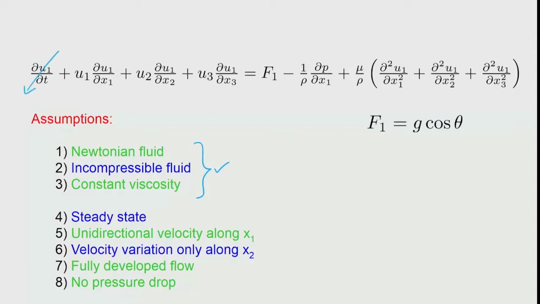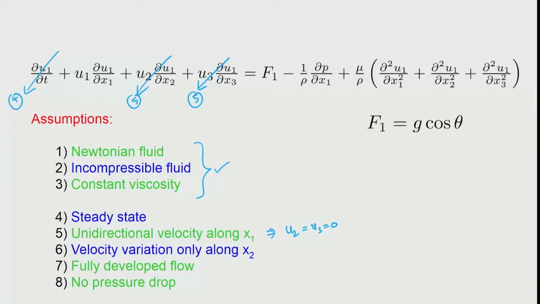So we knock off the first term because of assumption 4, and we say that the velocity is only along x1, so in the x2 and x3 directions there is no velocity, which means that u2 is equal to u3 is equal to 0. So I can remove these two terms according to assumption 5.